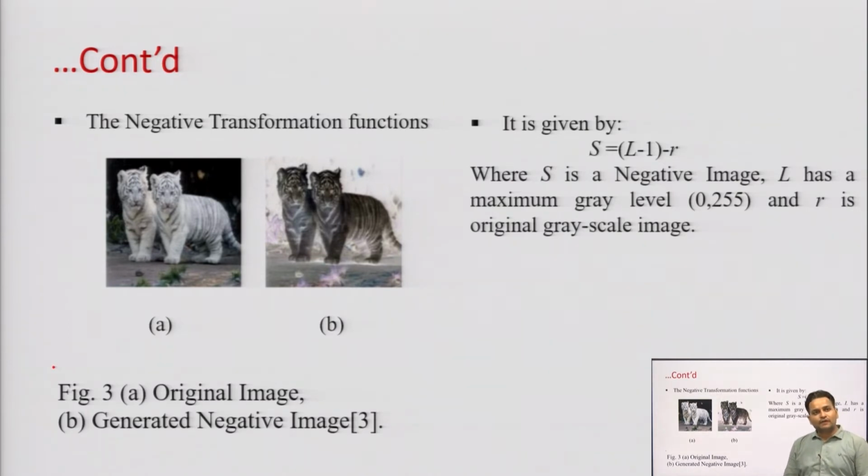Then we have a formula: S is equal to L minus 1 minus R, where S is the negative image value for each pixel, and L is the maximum gray level between 0 to 255, and R is the original gray scale image. So, by using this formula we can get the negative image of any original image.